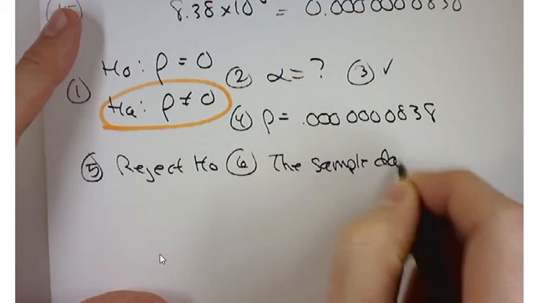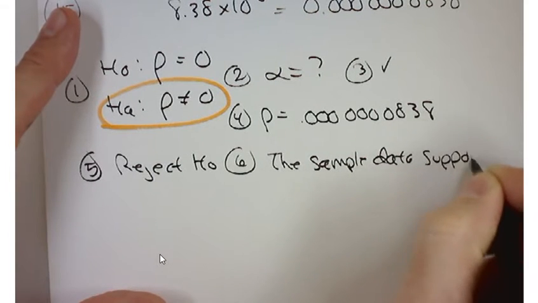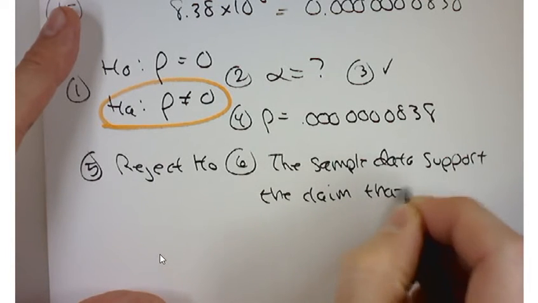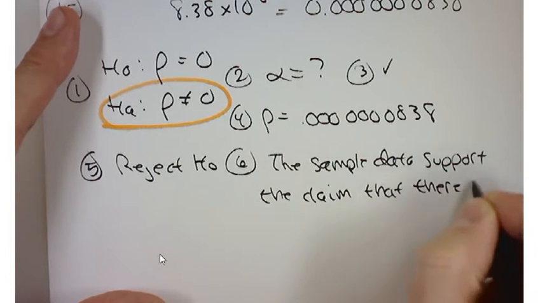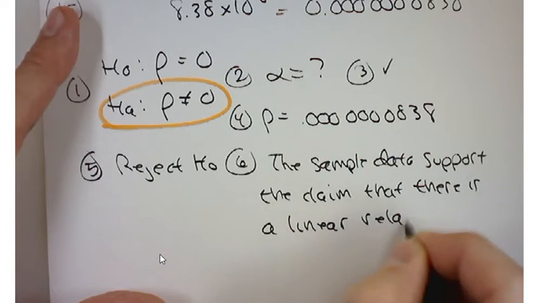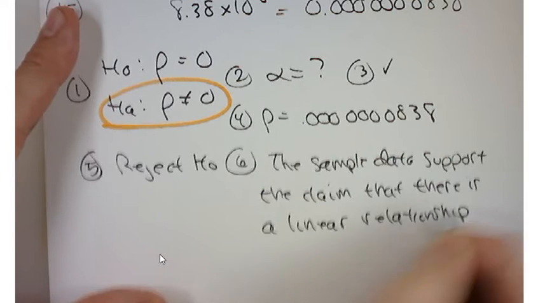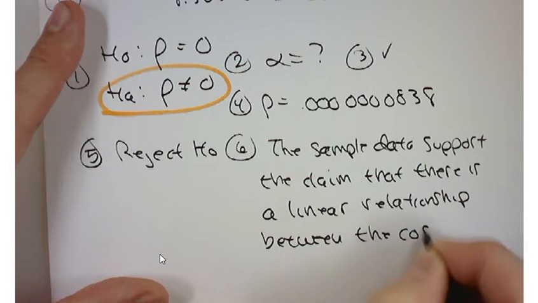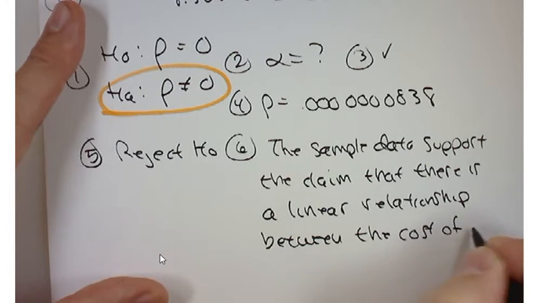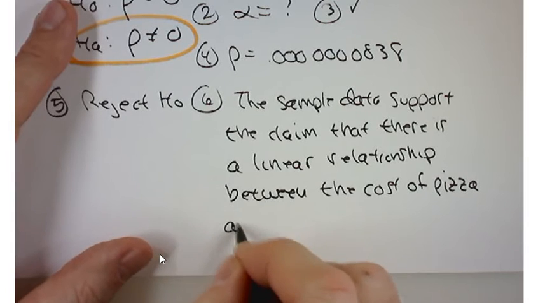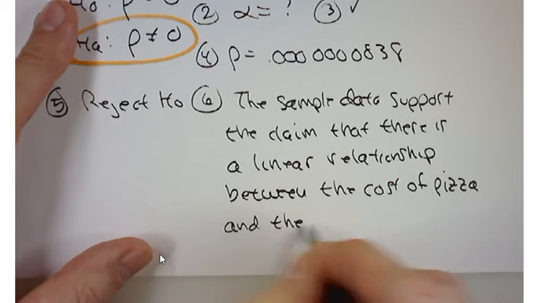Sample data support the claim that there is a linear relationship between the cost of pizza, and it's really a slice of pizza, but cost of a slice of pizza and the cost of a subway token.